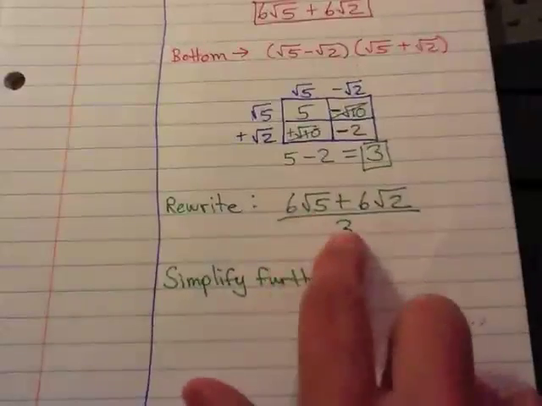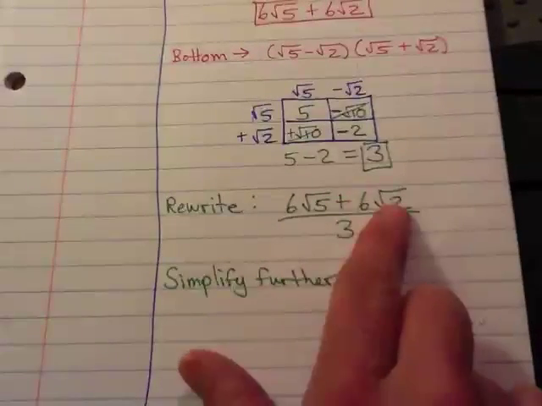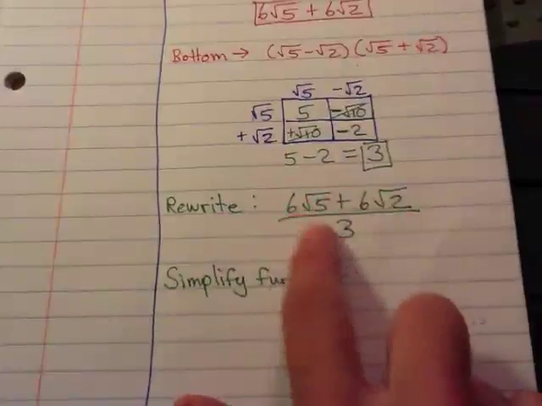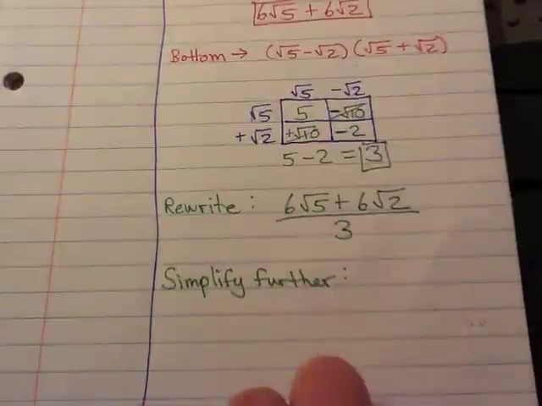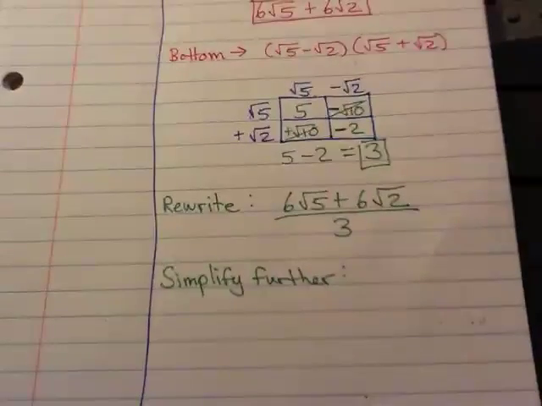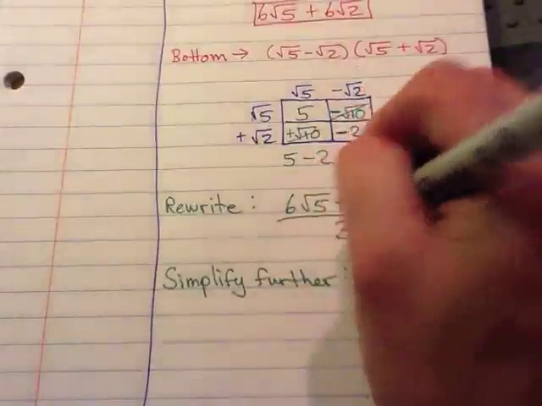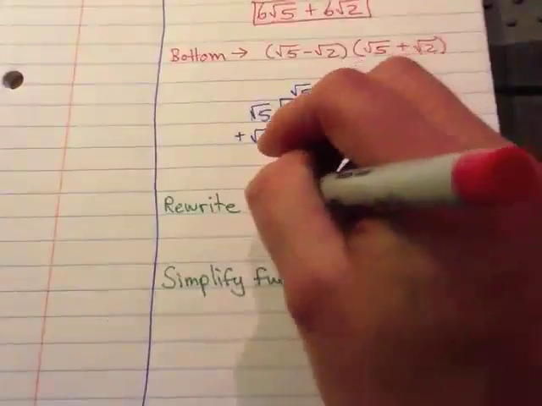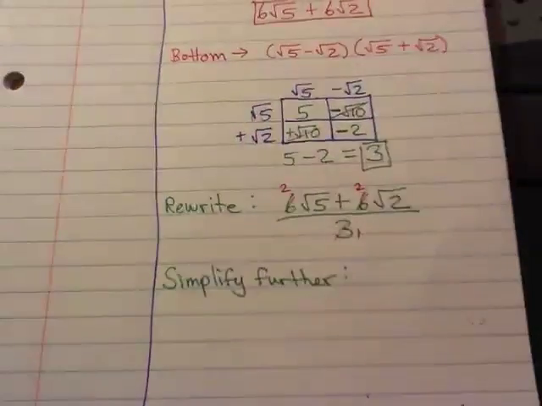3 goes into 6, 3 goes into 6. I don't care about the square roots. So because of that, I can simplify this one step further. And I can say 3 goes into 3 once, 3 goes into 6 twice, and 3 goes into 6 twice.